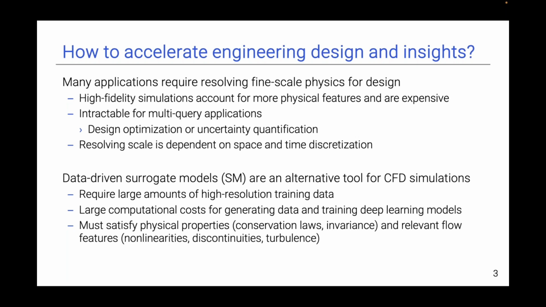One being that they require immense amounts of data to train them in order for them to give you sensible physical results. And the training data takes a long time to generate because the computational solvers themselves are expensive, but we also need very high resolution data, again, to capture the physical properties that we're interested in, things like the conservation laws, Galilean invariance, and then of course the flow features that we are dealing with in the variety of applications that we have.